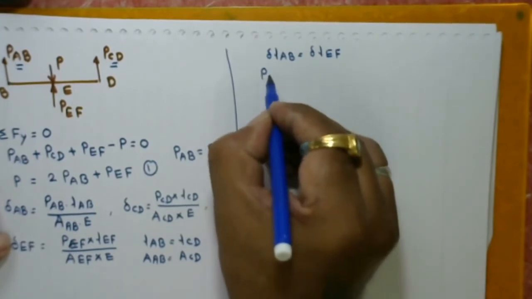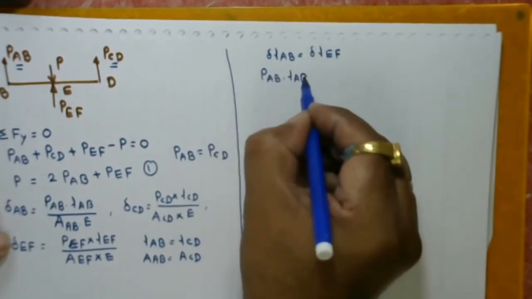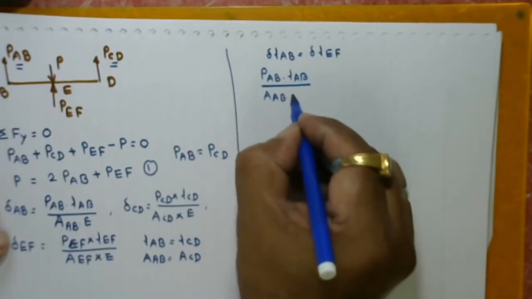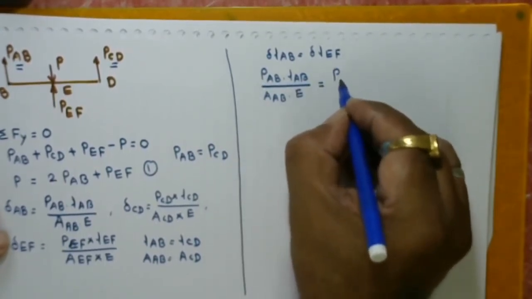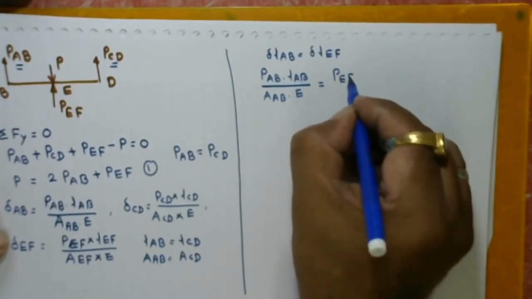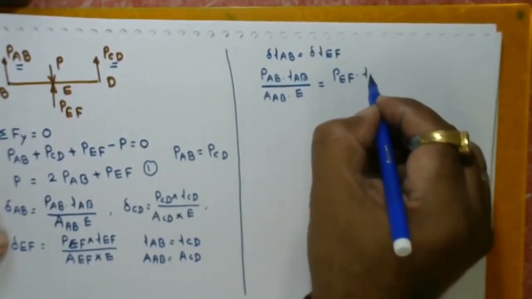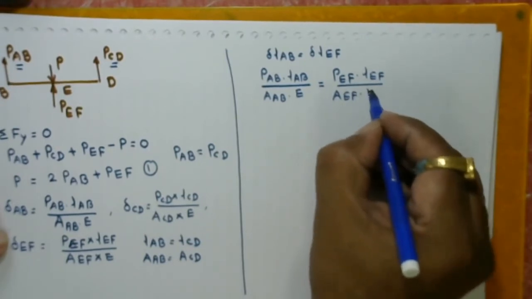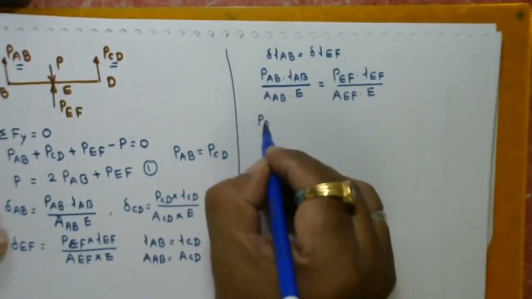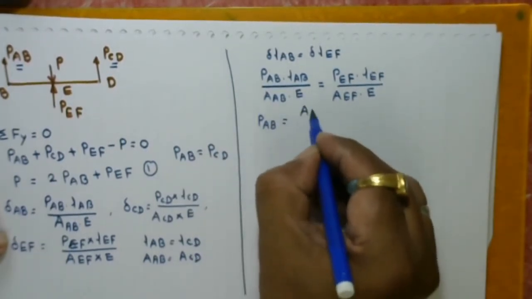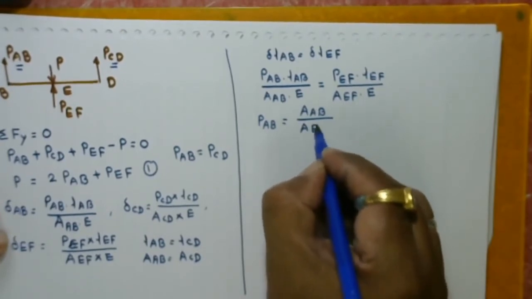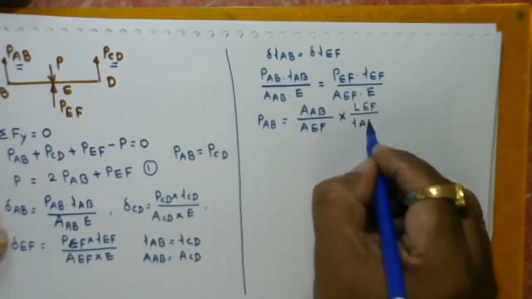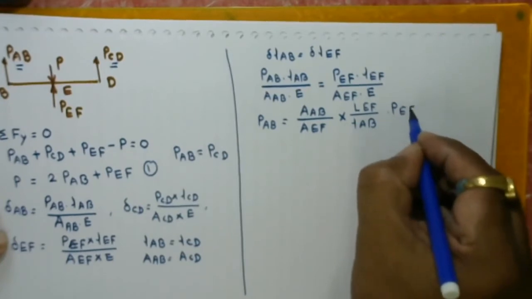So here put this value PAB into LAB divided by AAB into E is equal to PEF into LEF divided by AEF into E. So simplifying that equation, PAB is equal to AAB divided by AEF into LEF divided by LAB into PEF.